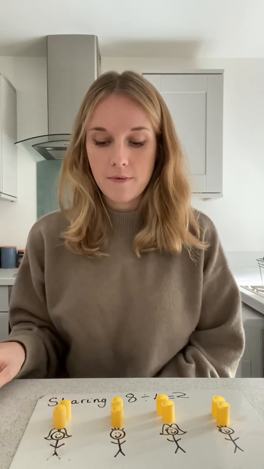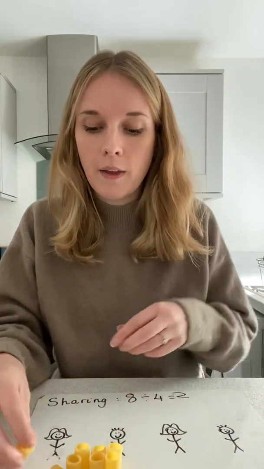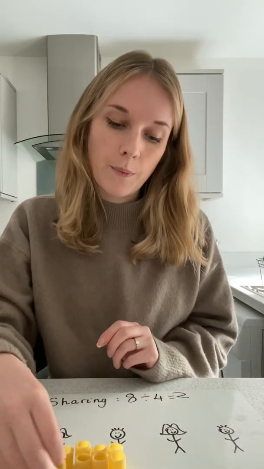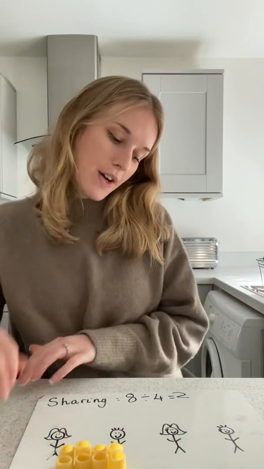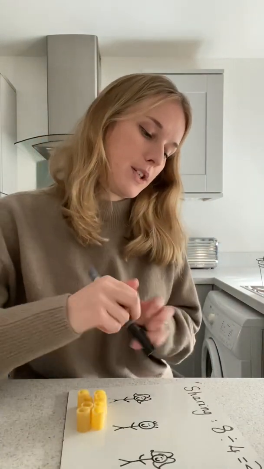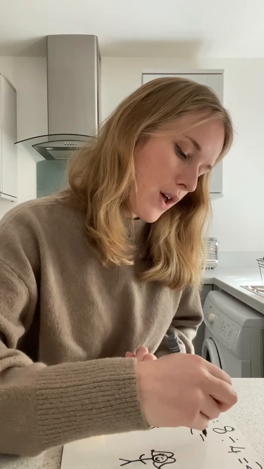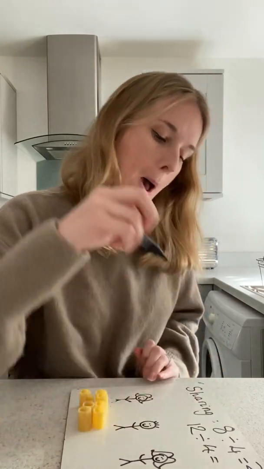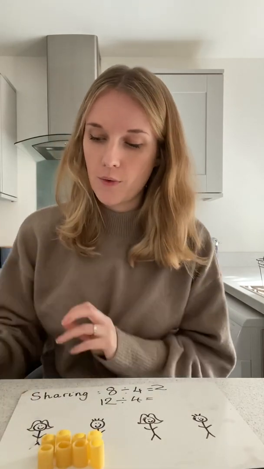Okay, brilliant. Now let's try that again, and this time I'm going to do 12 divided by 4, and I'm going to do it by sharing. So I'm going to do 12 shared amongst 4. Okay, 12 shared amongst 4 teachers.